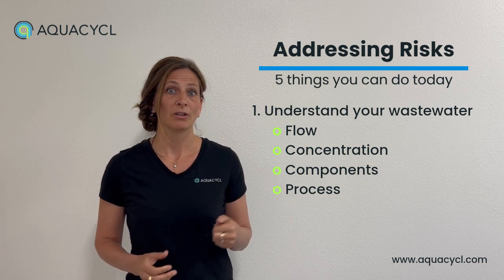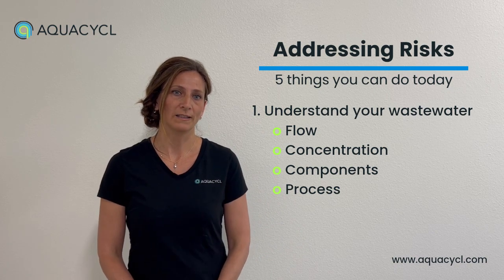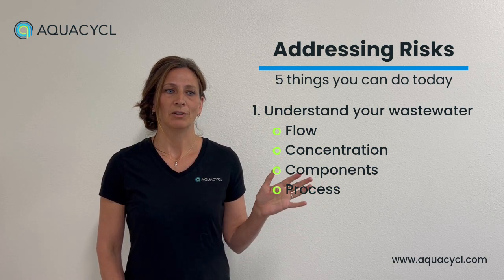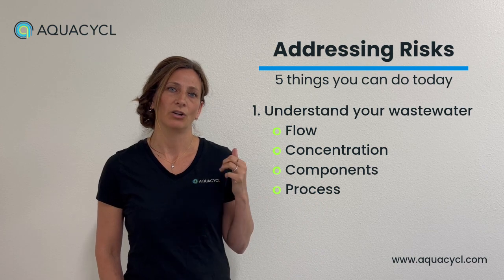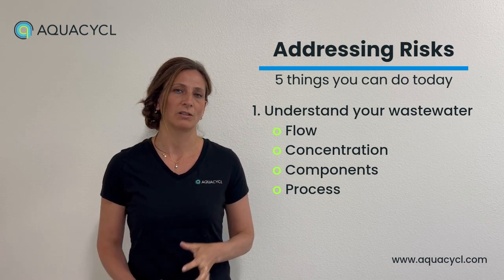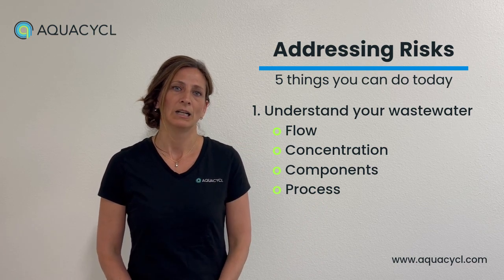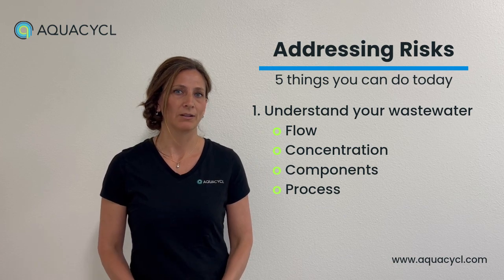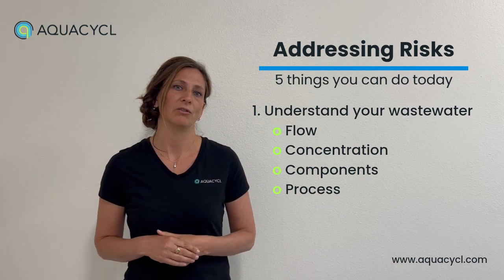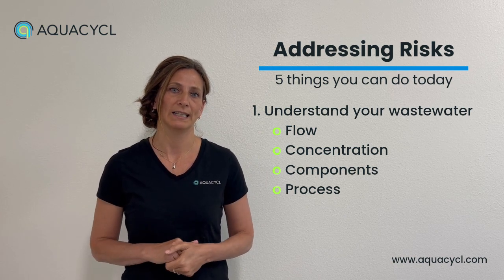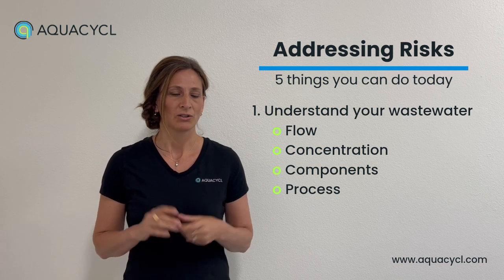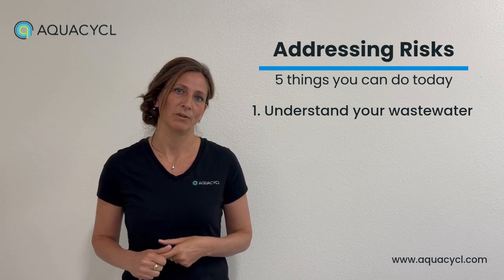So, there could be parts of your process where larger concentrations are coming in, like the first few washes of your clean in place, or other areas where you're generating high concentrations, and that's going to impact your wastewater. So that's number 1, is understanding what's in your wastewater.